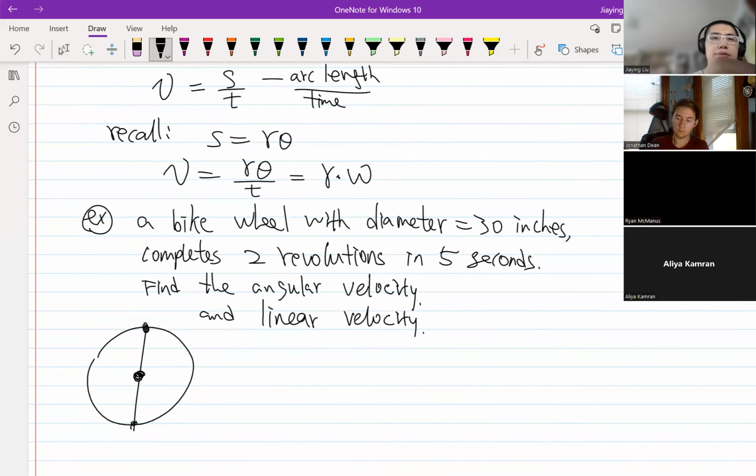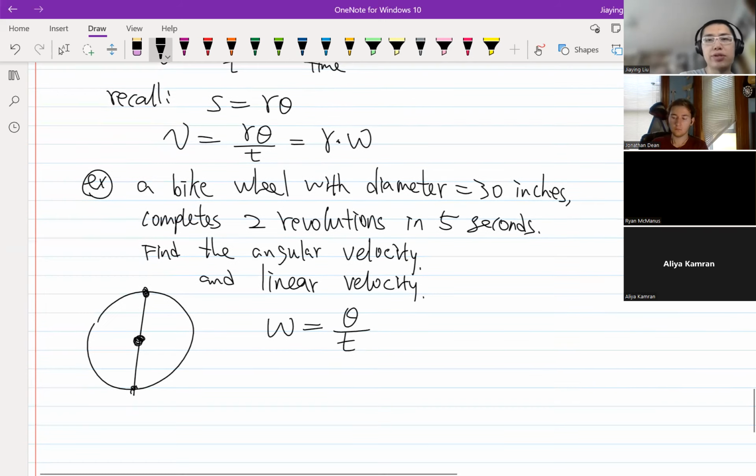So in this problem, we want to find the angular velocity. That's going to be the angle traveled divided by time. I know that time is 5 seconds, but I don't know the angle, but I can find it because 1 revolution is a full circle.